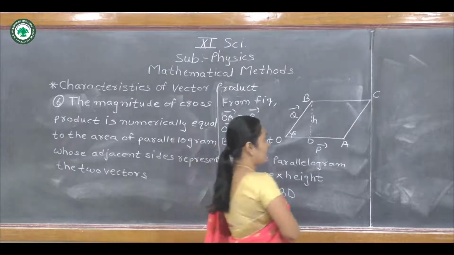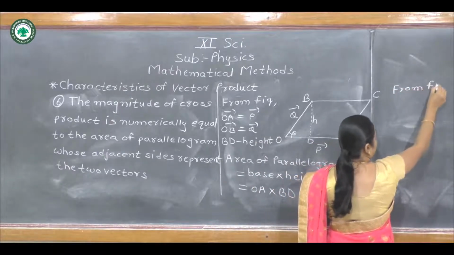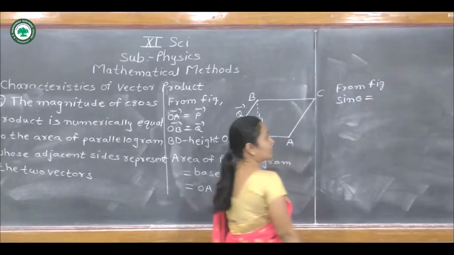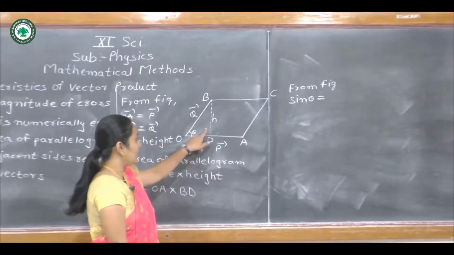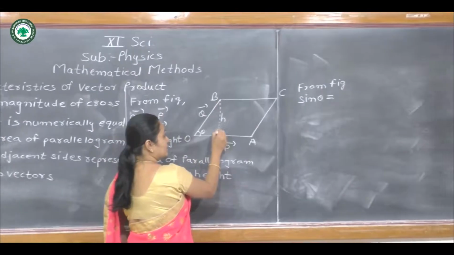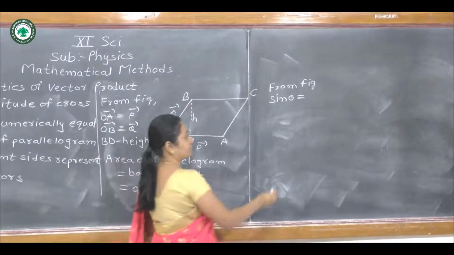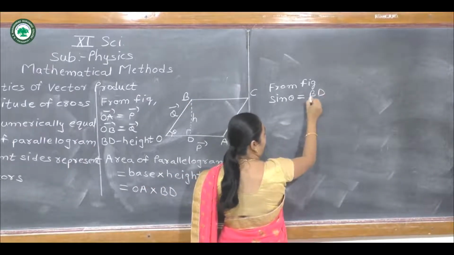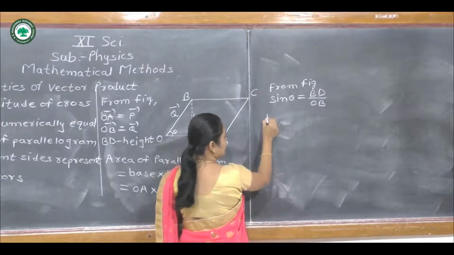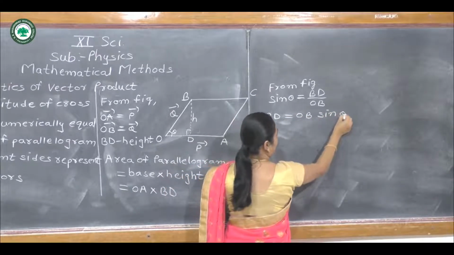But from this figure we can find the sine theta. So from figure, sine theta is equal to BD upon OB. This is 90 degree. So BD divided by OB. So BD is OB sine theta.